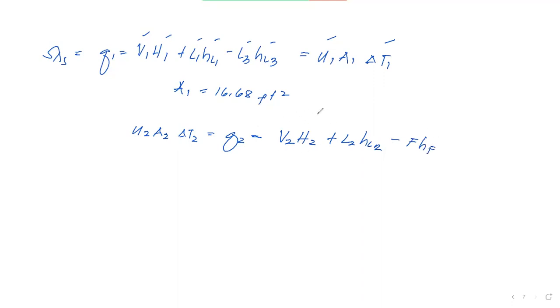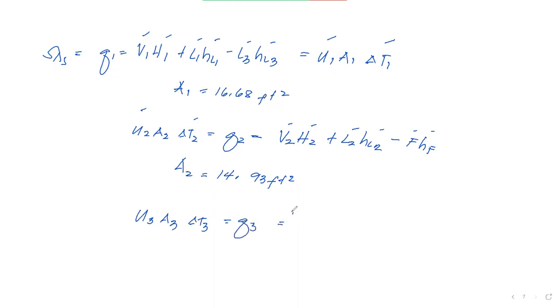The vapor energy plus the liquor energy minus the feed energy is the energy supplied by your heating medium in the second effect, which is equal to this one. All this you know, so you can now solve for A2. In this case, A2 is 14.93 square feet.